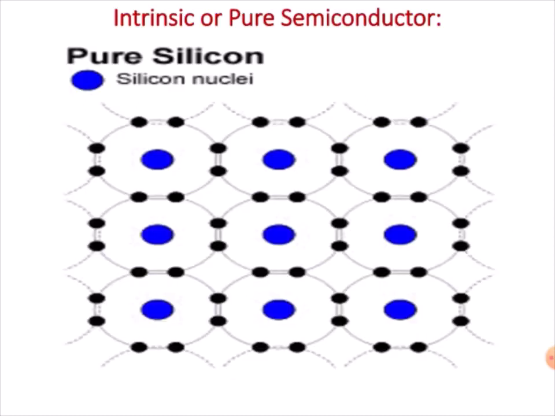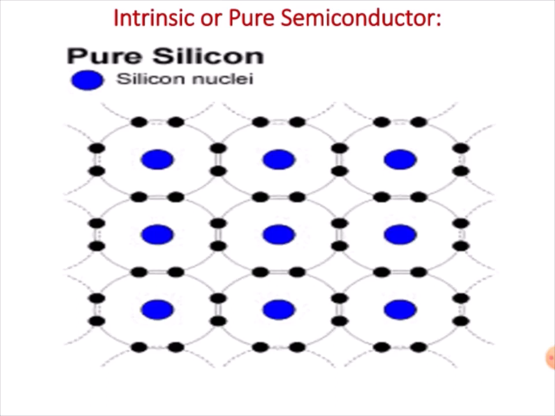Now let's try to see intrinsic semiconductors. Semiconductors can be divided into two types, intrinsic and extrinsic. Intrinsic means pure semiconductor. Pure semiconductor means all the atoms present in the semiconductor crystal are semiconductor atoms.